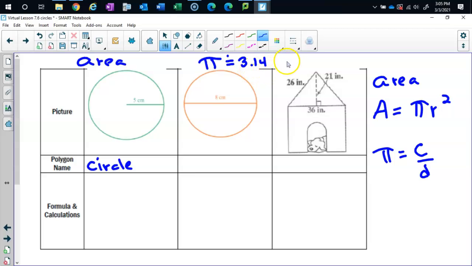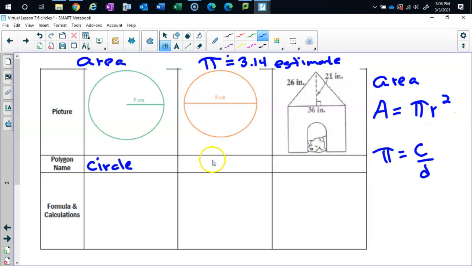Guys, if you look at the top of your formula sheet in that box, it says pi, it tells you 3.14 in that box. Okay. Now, that is an estimate because pi goes on forever and ever. This is an estimate for pi. Now, that is the area of a circle, pi r squared.